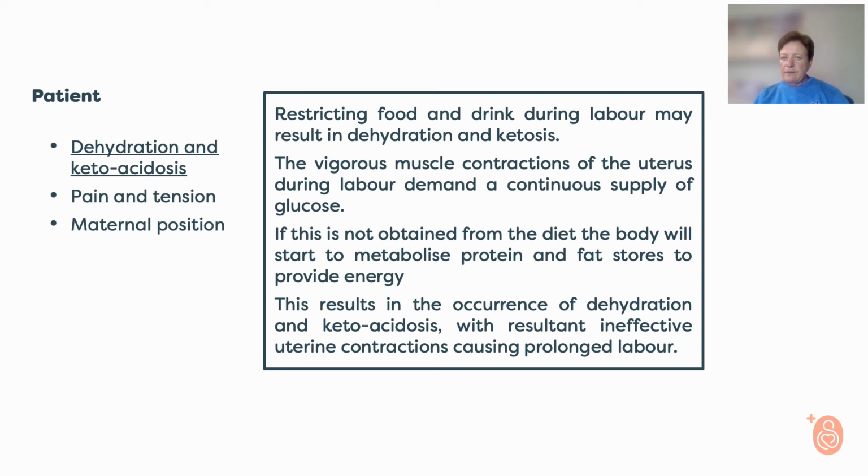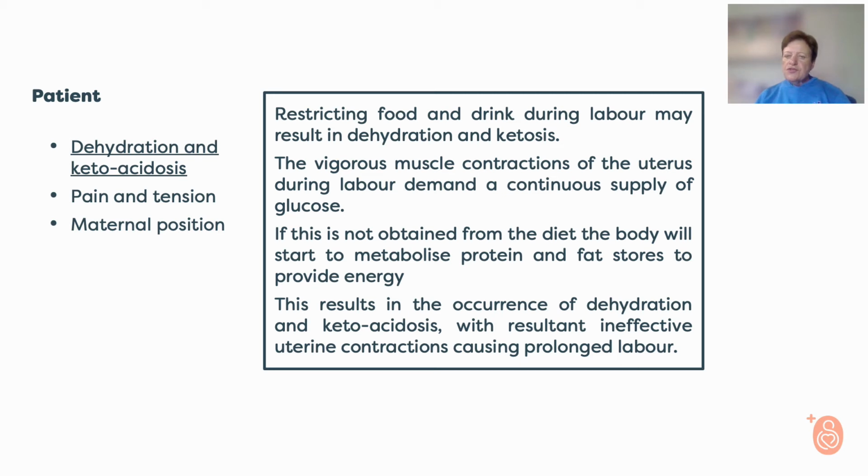So if we look at the first one, which is dehydration and ketoacidosis, restriction of food and drink during labor might result in dehydration and ketosis. Labor is quite hard work, and during labor, with all the muscle contractions of the uterus, it uses a lot of energy and therefore glucose.